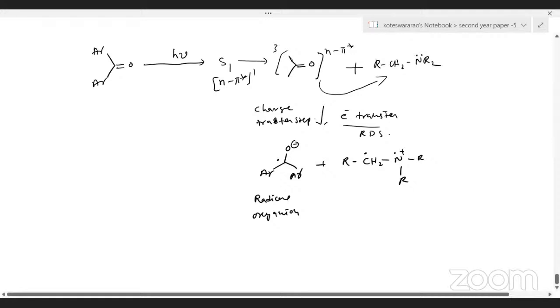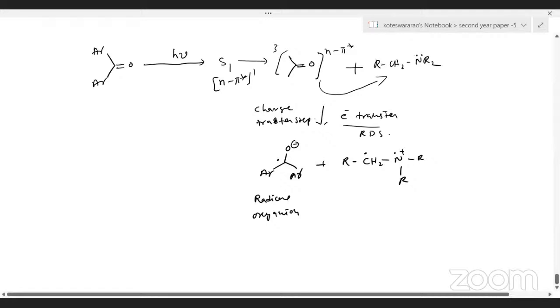The triplet state is colliding with this tertiary amine and exchanges the excited state energy, suppose 64 or 74 kilocalories, approximately 69 kilocalories. This energy is transferred to the tertiary amine. When it is excited, immediately the electron transfer or charge transfer takes place. This electron is transferred to the oxygen. Now oxygen is getting the negative charge.